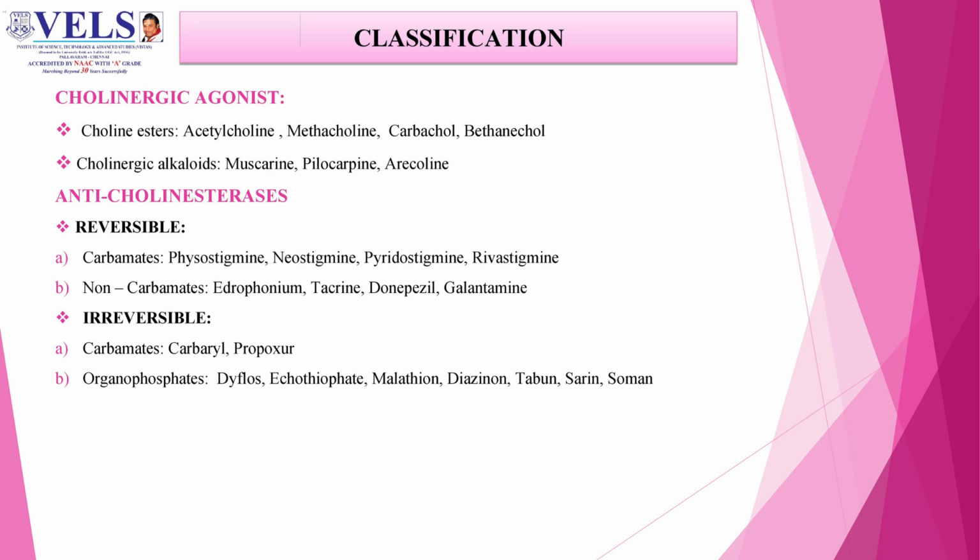Under reversible you have carbamates, that is physostigmine, neostigmine, pyridostigmine and rivastigmine, whereas non-carbamates include edrophonium, tacrine, donepezil and galantamine. Irreversible includes carbamates, that is carbaryl and propoxur, whereas organophosphates contain diflos, echothiophate, malathion, diazinon, tabun, sarin and soman.